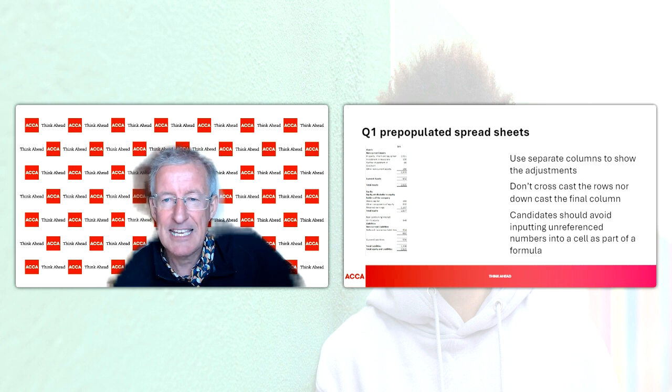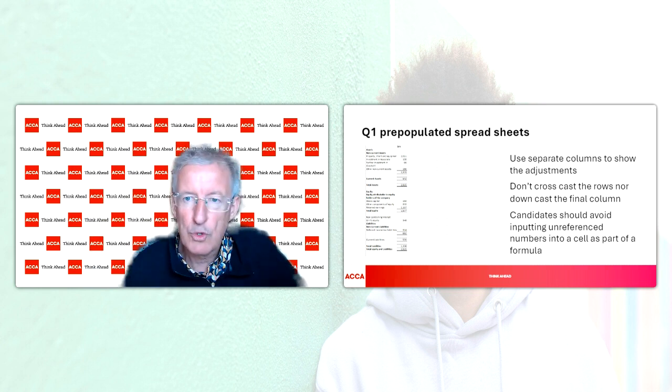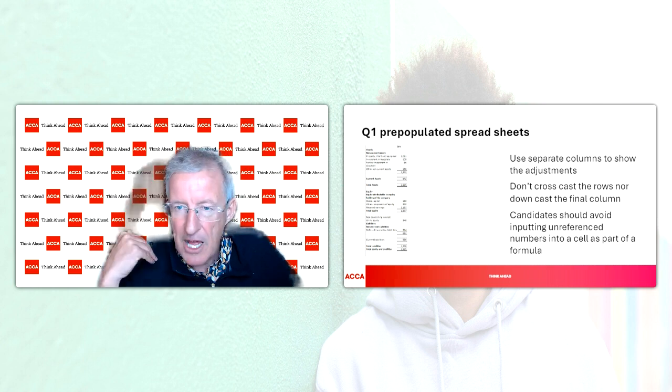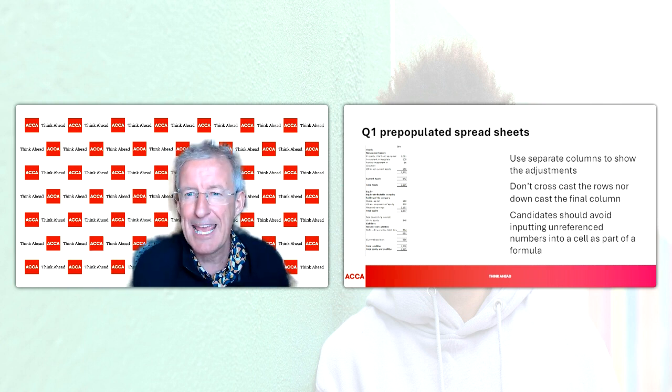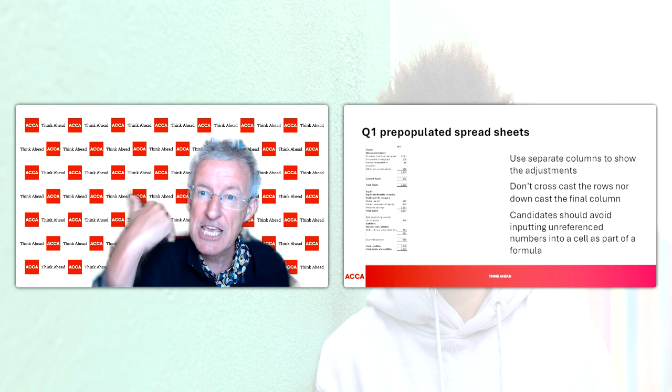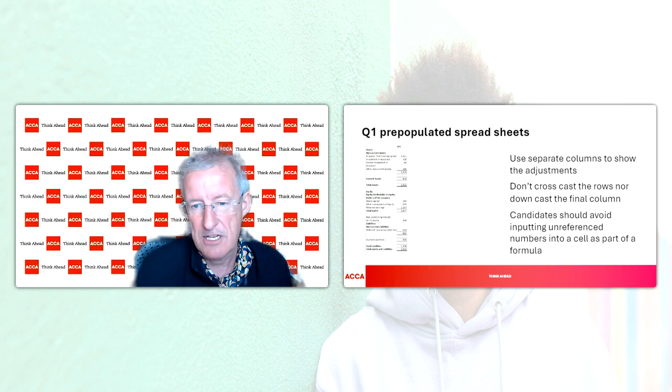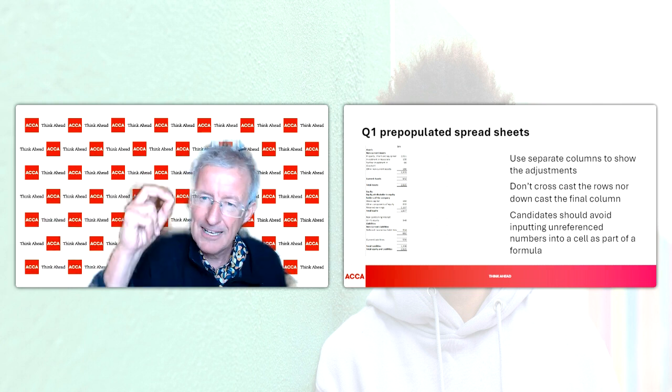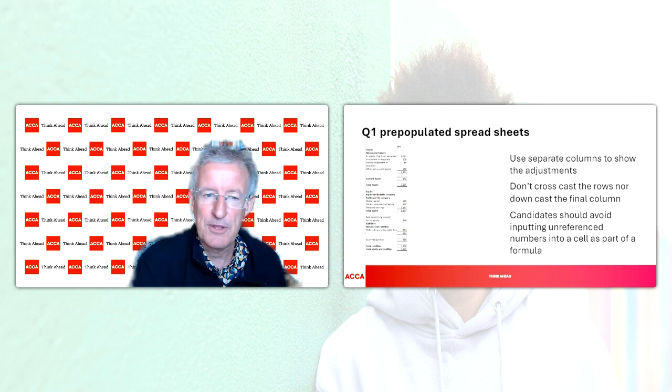Downcasting means summing. Yes, Katie, downcasting means summing. You do not need to sum up. You do not need to add up your columns or your rows. And if that saves you 30 seconds, or a minute, maybe that minute is going to get you the extra mark that's going to get you over the line. Time management, that's what I'm trying to help you with here.